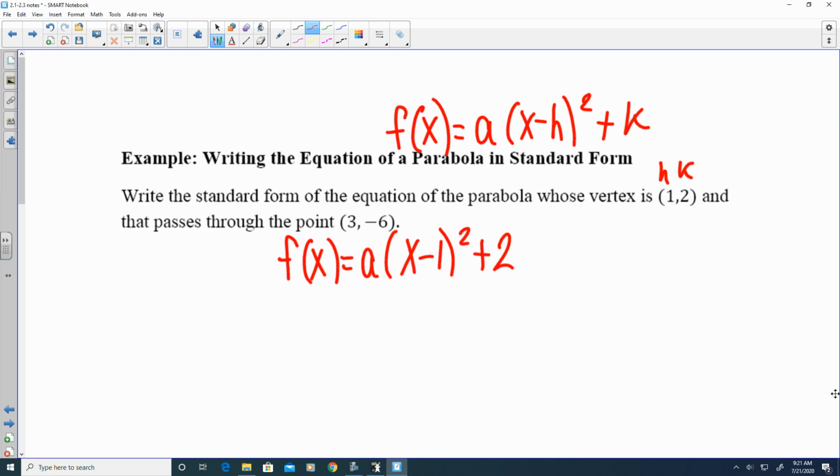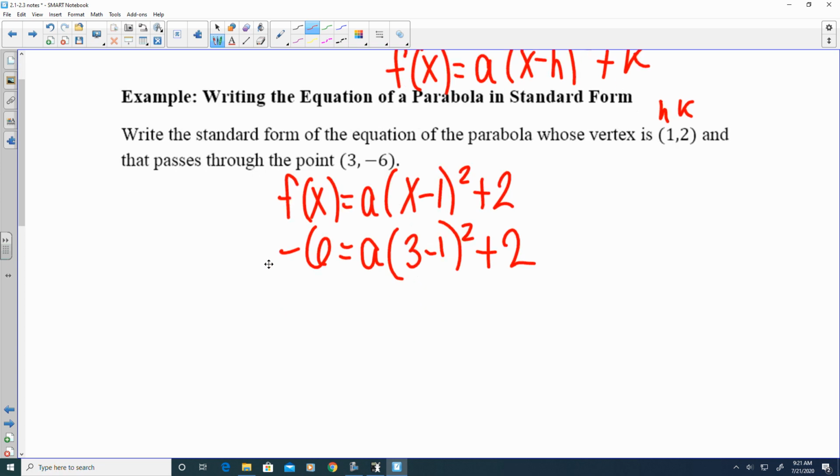I still have too many unknowns though. I have a, I have x, I have f of x, but I do know that that point, (3, -6), I can plug that in for x and f of x, or y would be the same thing. So -6 equals a times (3 minus 1) squared plus 2. Now I only have one unknown. Now I can solve for a.